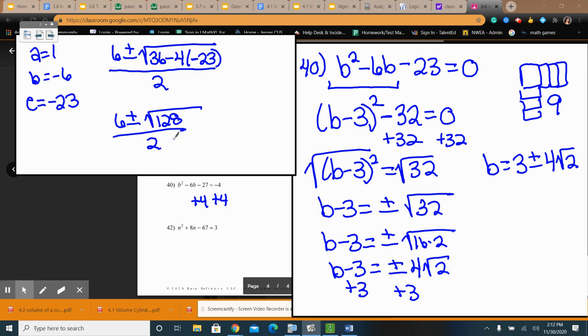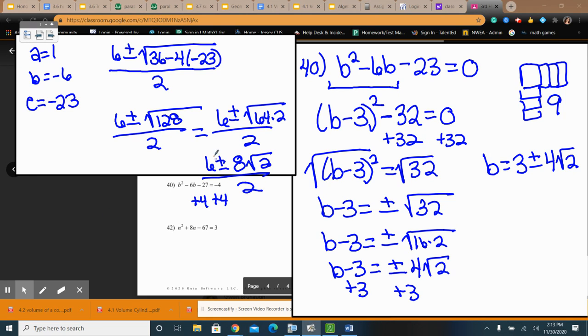So when you get bigger numbers, sometimes it's harder to find what goes into it. And 64 goes into that. So that's 6 plus or minus 64 times 2 over 2, which is 6 plus or minus 8 root 2 over 2.